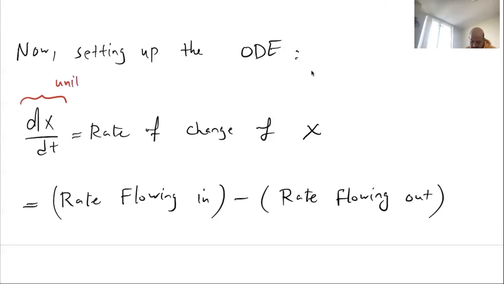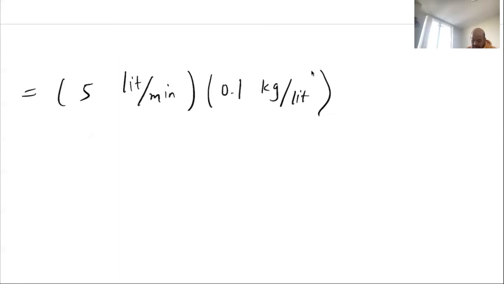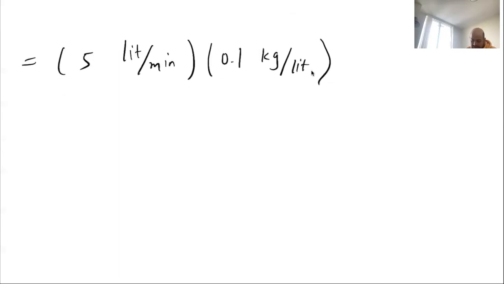And this one has the unit 5 times 0.1, so this is liter per minute and kilogram per liter.